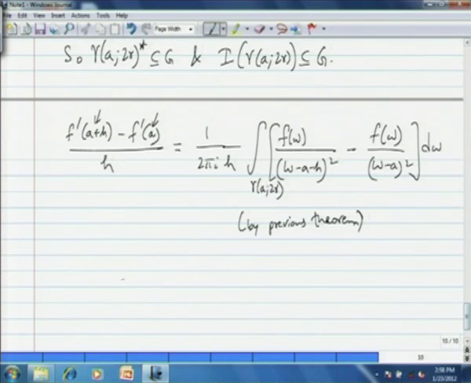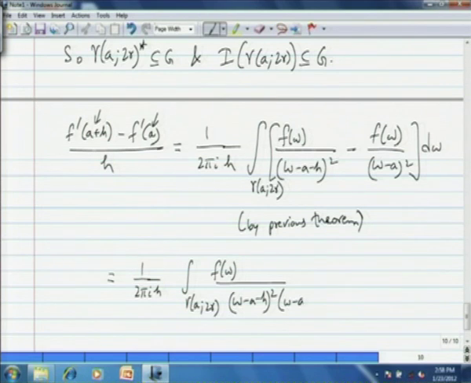So then let us see that this is 1 by 2 pi I H times the integration over gamma A to R of f of w divided by w minus A minus H squared times w minus A squared.